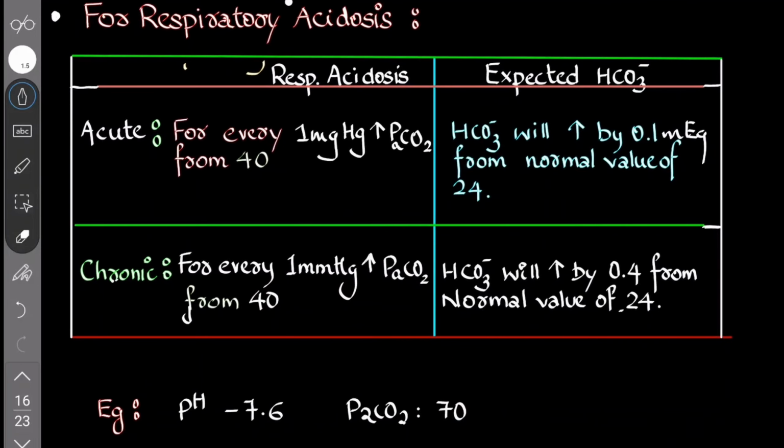Similarly, for chronic disorders like COPD, for every 1 millimeter increase in PaCO2 from 40, the bicarbonate will increase by 0.4 milliequivalents from normal value.